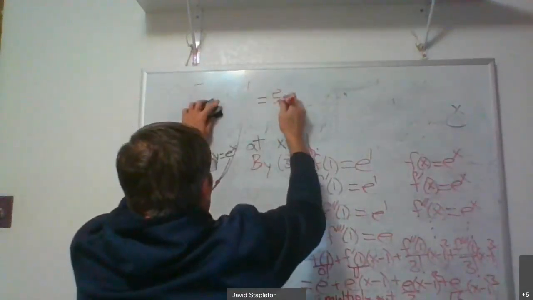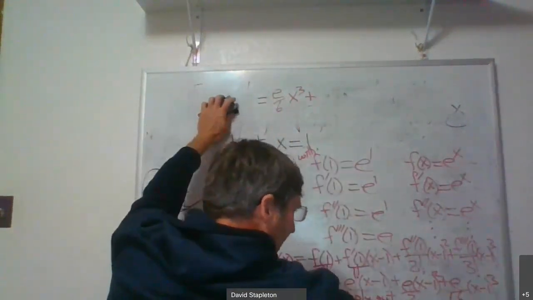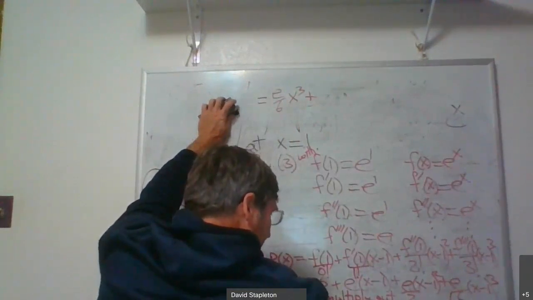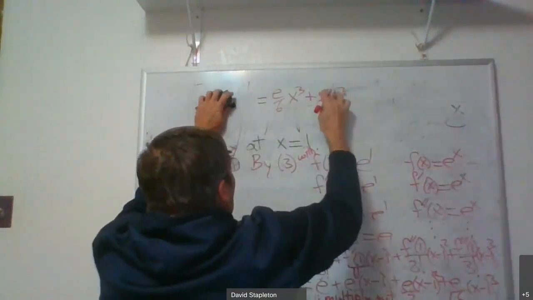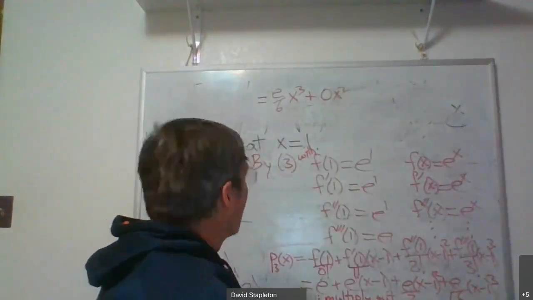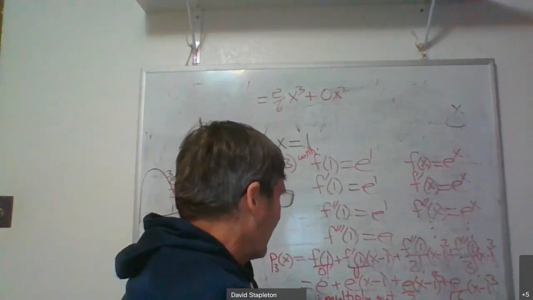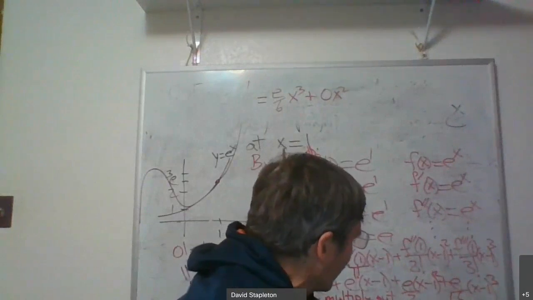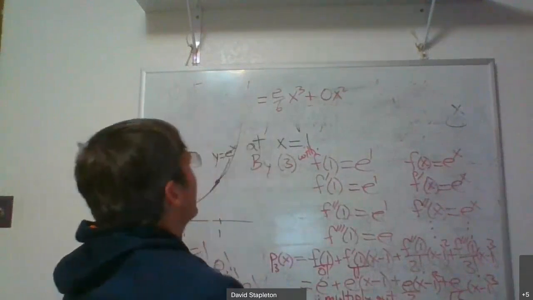We get e over 6 times x cubed, plus 0 x squared in this one. And then x, there's an x here. Minus 2x over 2 is minus x. They cancel. But then plus 3x over 6 is plus a half x. All times e. Literally. So it's plus a half e.